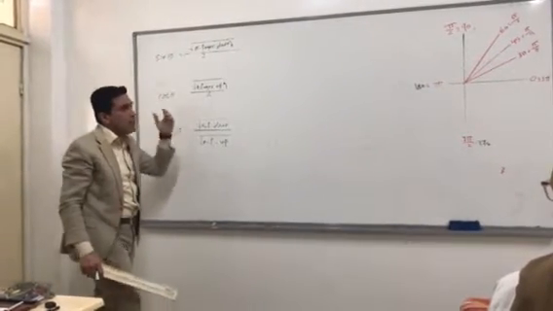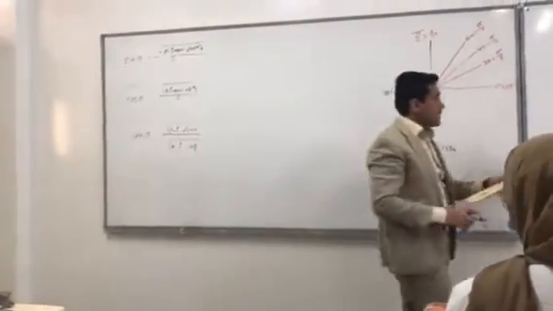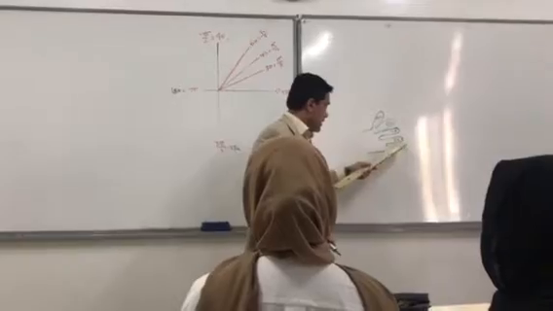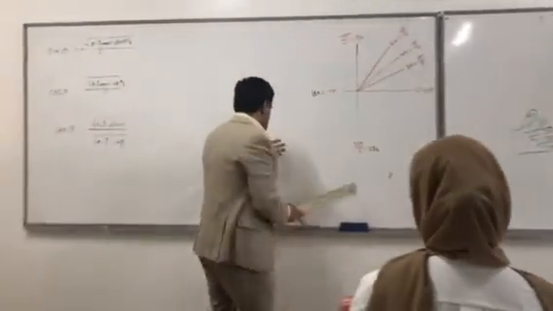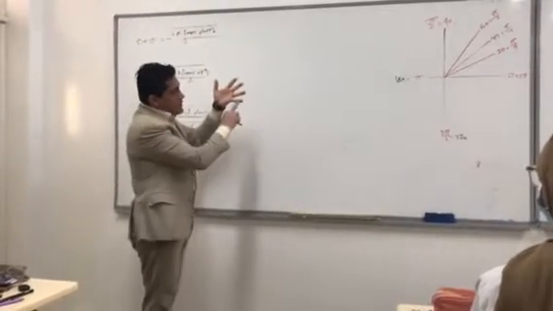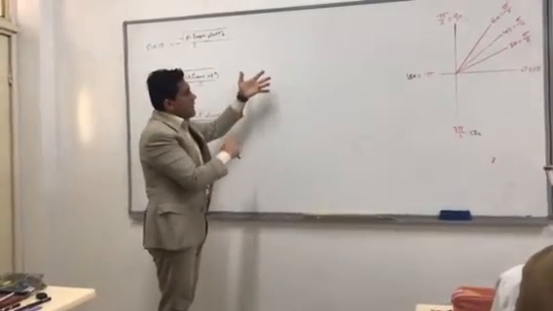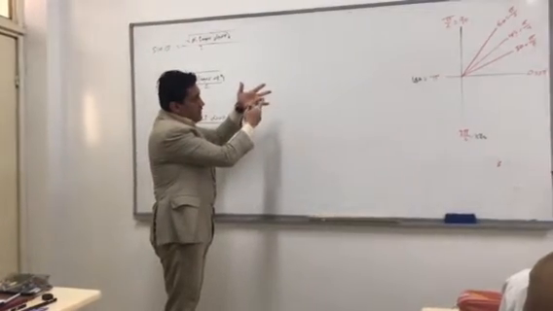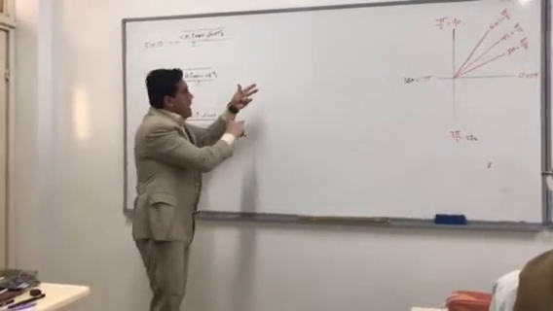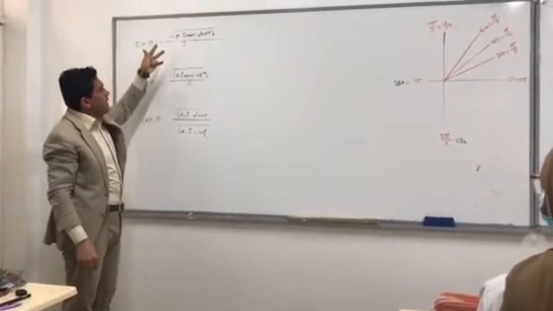For example, for 30, the second finger. It remains 30. It is 0, 30, 45, 60, 90. Theta equals 30.